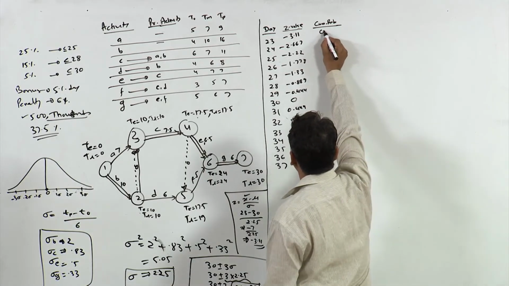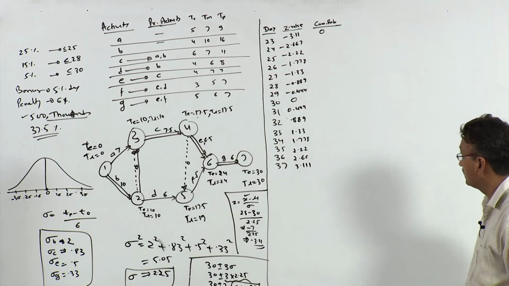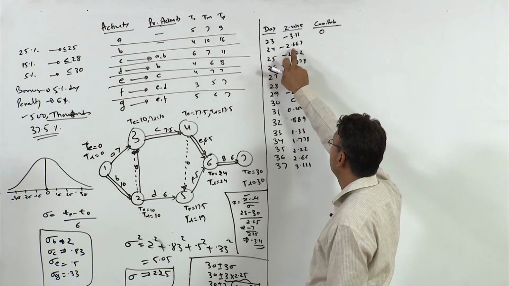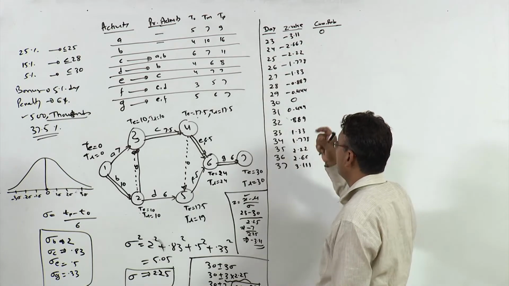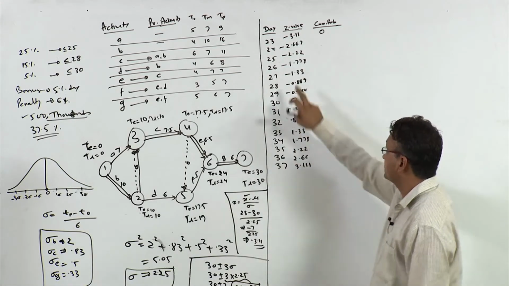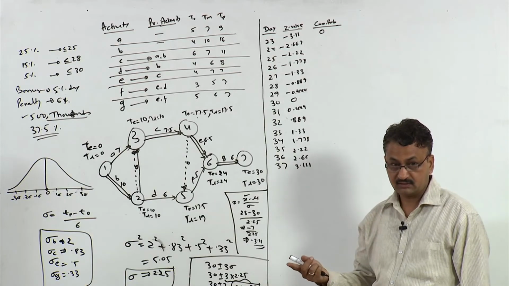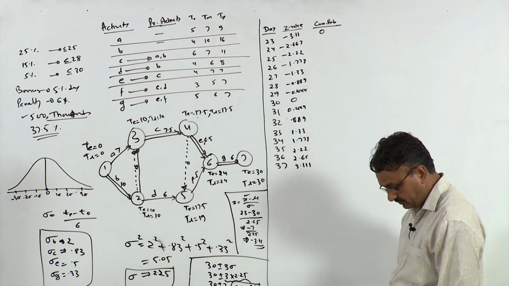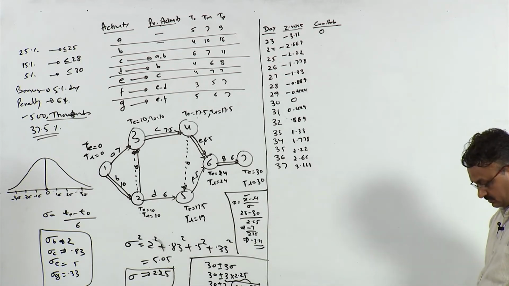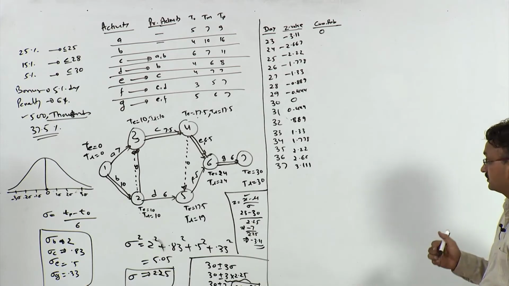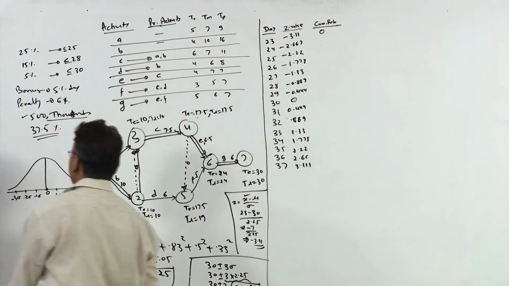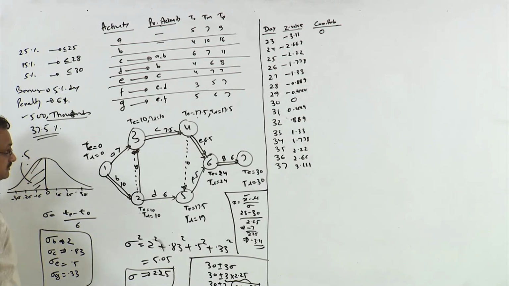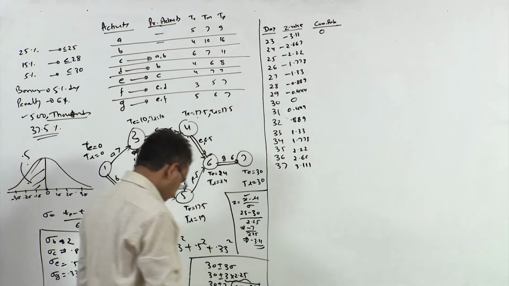So let us take this as the 0 value. When you check the Z value in the 2.66 column, whatever value you get, you just subtract it from 0.5, because this area is 0.5, okay. So you can do this.